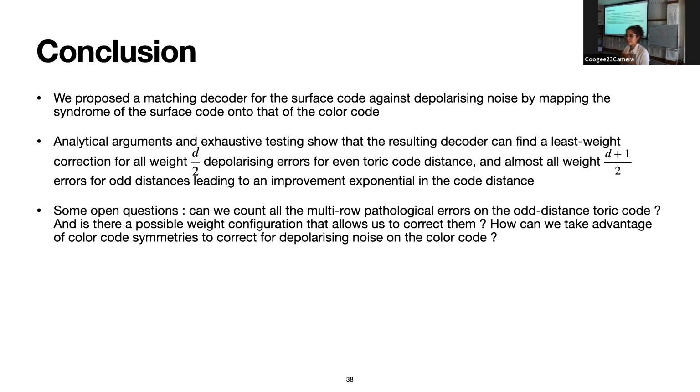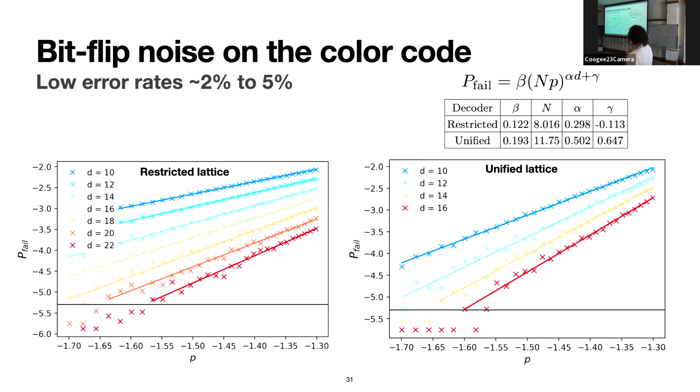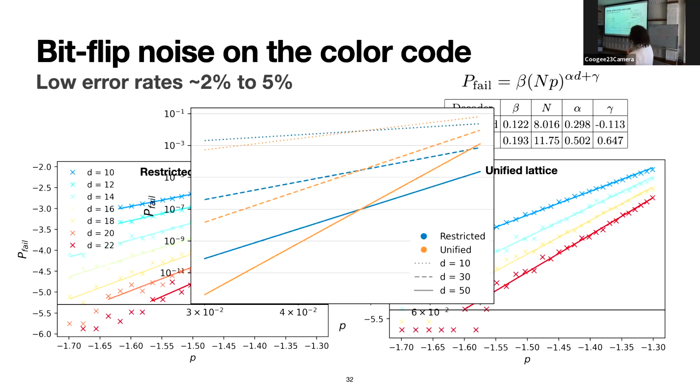Do you have a sense of where those behaviors cross over? I think it should be around that point from the ansatz, because when I overlap the numerical data, it's around 5% physical error rate basically.